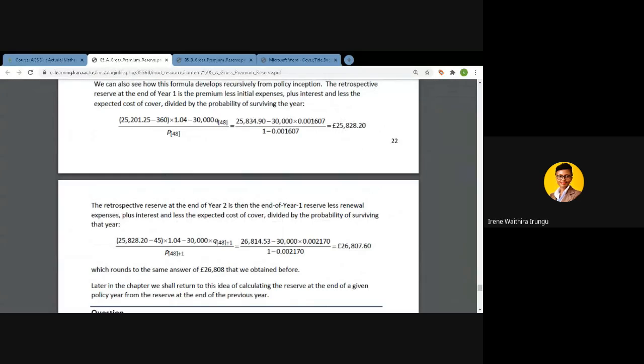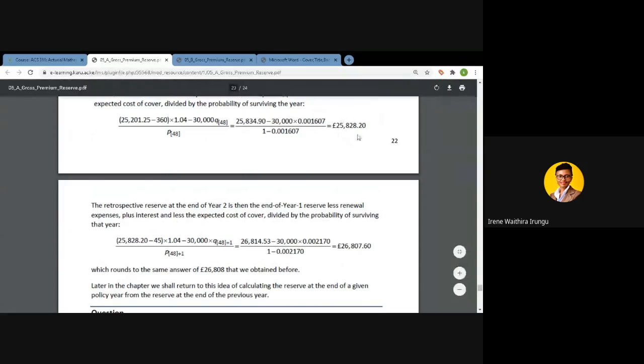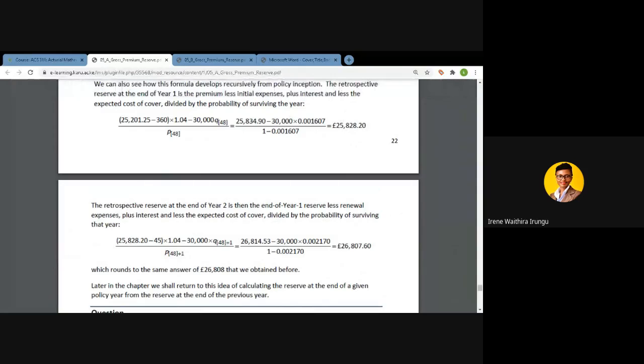So if we now want to compute the retrospective reserve as at the end of the second year from the retrospective reserve obtained as at the end of the first year, then you simply take it to be the reserve held as at the end of the first year. From it, you subtract any expenses.